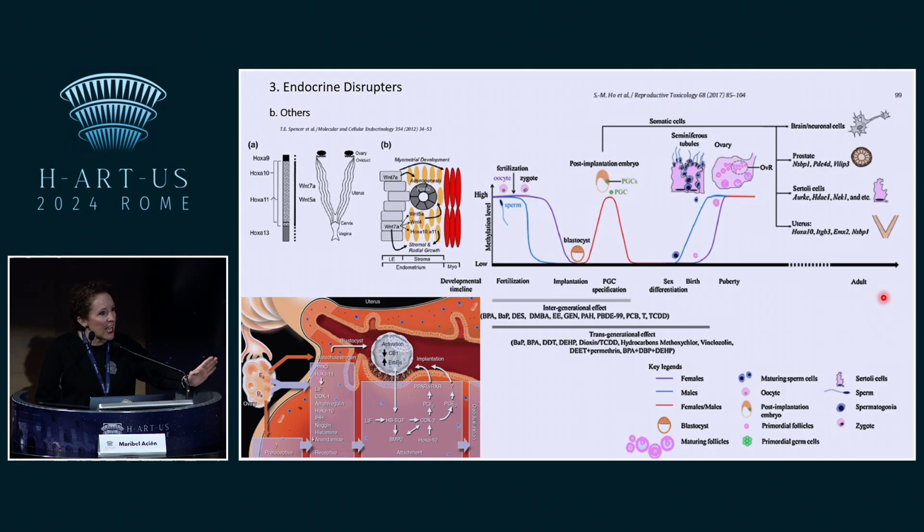These animal data indicate that adult uterine abnormalities are susceptible to developmental effects induced by many, and you have here quite a list, also endocrine disruptors, probably as well mediated by changes in genes which are relevant for uterine structure and also for endometrial function, with a potential transgenerational effect.